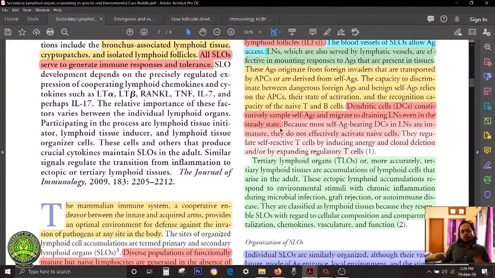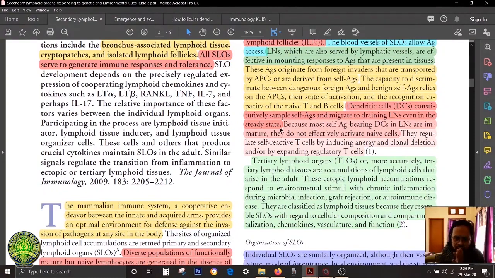This line is really crucial. You need to understand this. Even if you are not infected, even if you are not sick, these are basic processes that keep happening all the time. Your lymph nodes will always bring in lymph and will always get an efferent blood supply, and these supplies will be screened all the time.